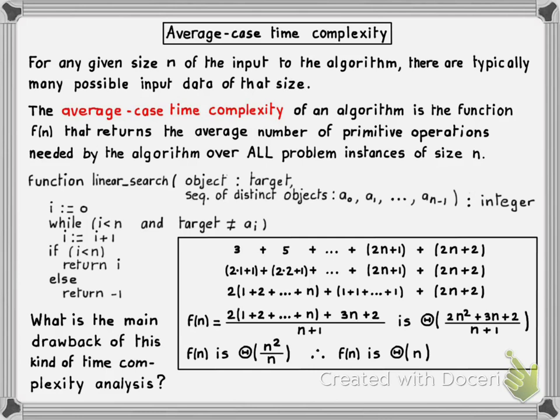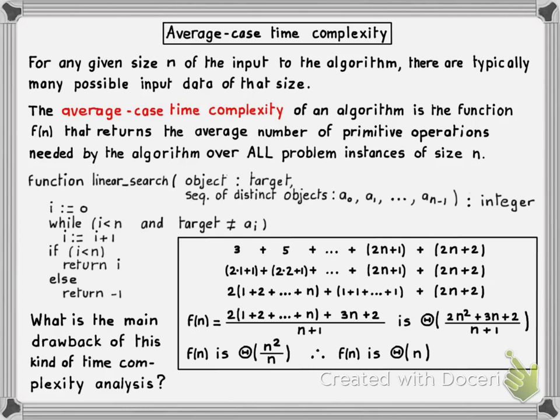Depending on the problem you're solving, some cases may be more likely than others. For example, if you have a sequence of 5 integers and you pick the target randomly in a set of 1,000,000 integers, it's much more likely that the integer you're looking for, the target, is not in the sequence. In other words, what we call the worst case scenario may be much, much more likely than the other ones.